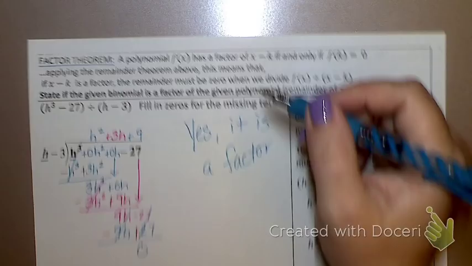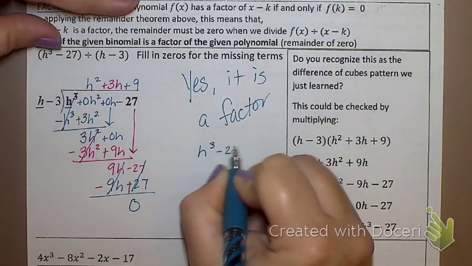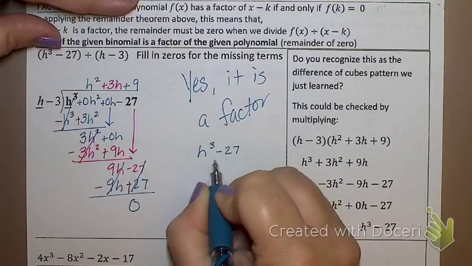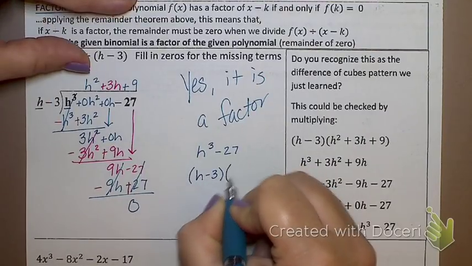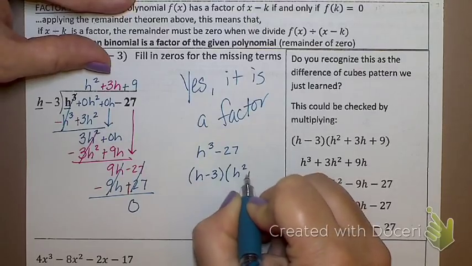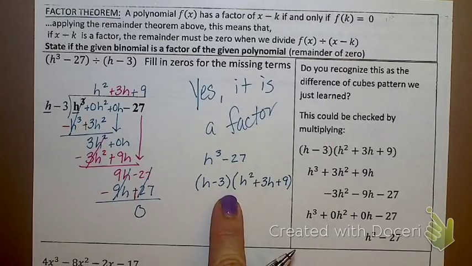Now let me talk about that a little bit further. If I take h to the third minus 27, which was the original one, the factorization would be h minus 3, and then h squared plus 3h plus 9. Is that the same factorization that I would get if I applied the difference of cubes process to the factoring instead of using long division?